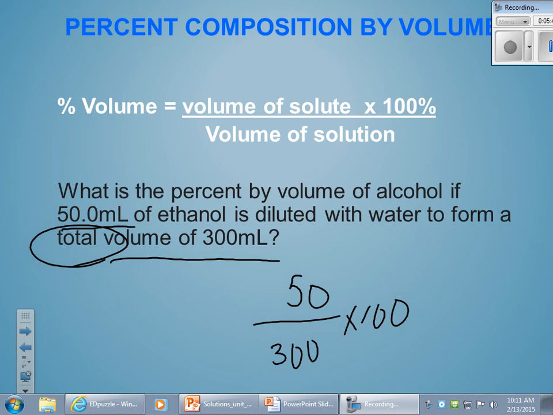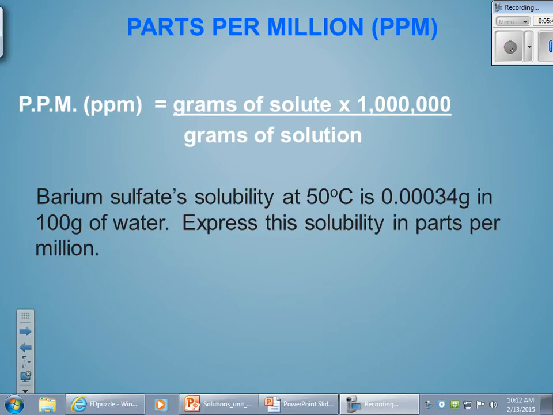The last equation we're going to look at to determine the concentration of a solution is parts per million. And the equation coming right off the back of the reference table is grams of solute over grams of solution times a million. So here's an example. Barium sulfate solubility at 50 degrees Celsius is 0.00034 grams in 100 grams of water. Express this solubility in parts per million. So your solute is the one present in the smaller amount.